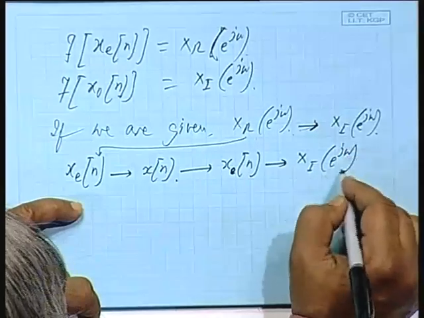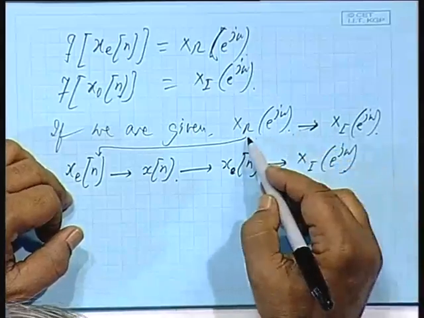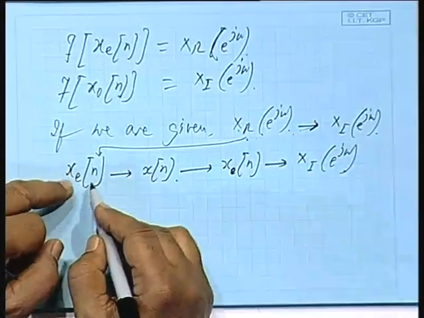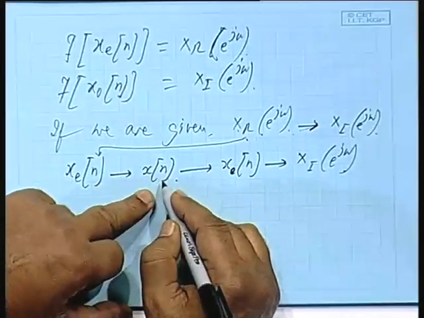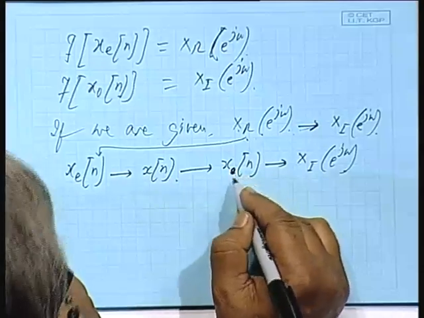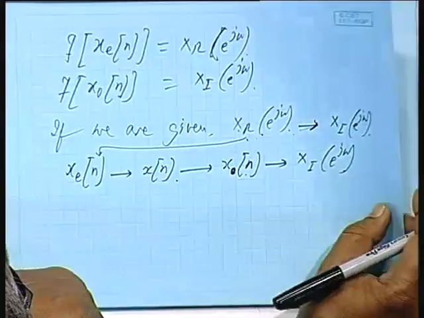Now, is it necessary to go through all these exercises, that is obtain from the real part the even component, then from the even component generate the original sequence x n, then from the original sequence generate the odd sequence, and from the odd sequence again go back to the imaginary part. Let us see whether we can skip this.